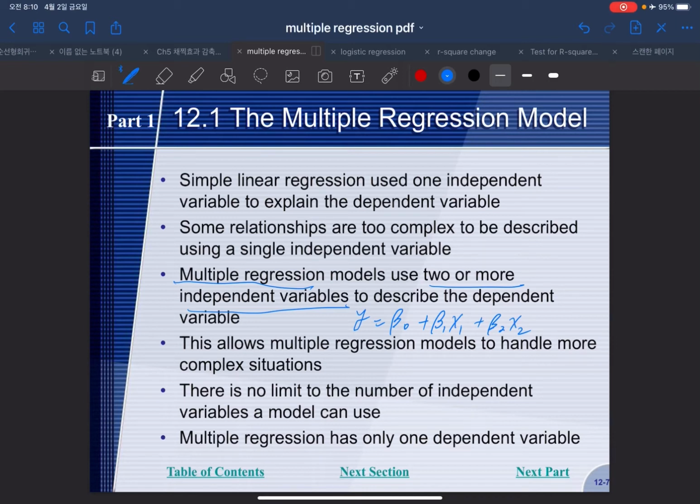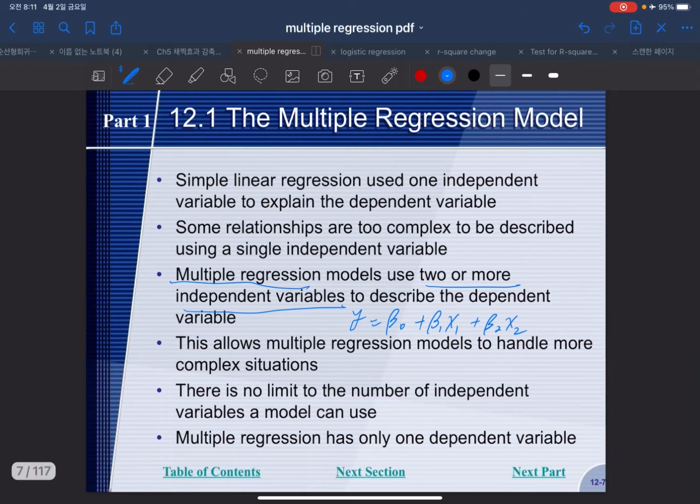Now, if we have two or more independent variables, it's very hard to imagine the locations of the points because it is located in a space, right? So for example, if we have two independent variables, let's look at the graph here.